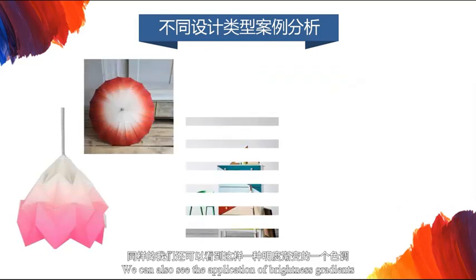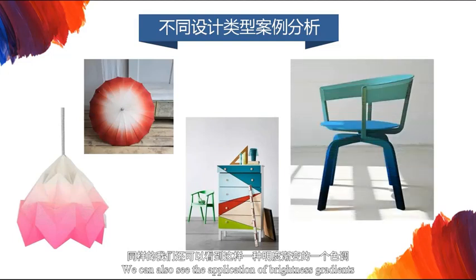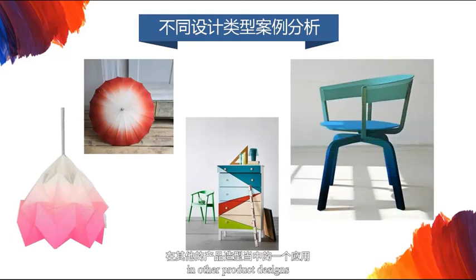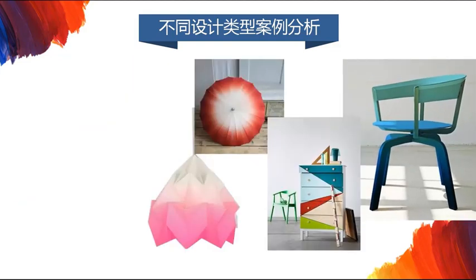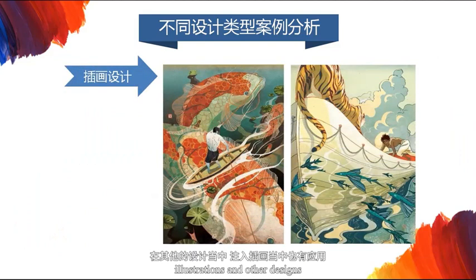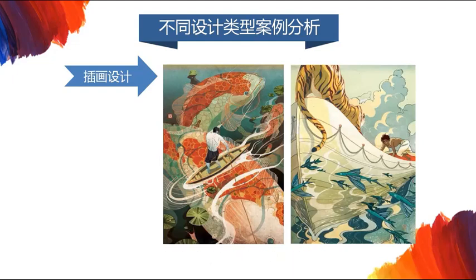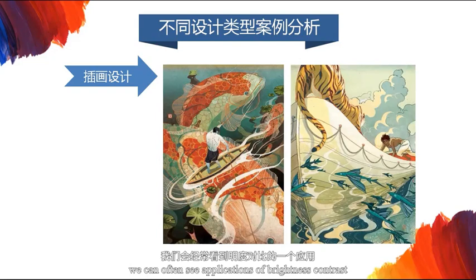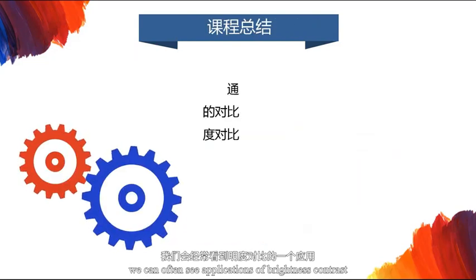We can also see the application of brightness gradients in other product designs, such as lamps, umbrellas, and chairs. Brightness contrast is also used in illustrations and other designs. In our daily lives, we can often see applications of brightness contrast.